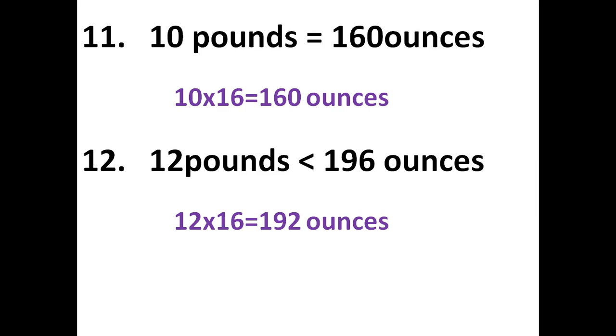We want to convert 12 pounds into ounces. 12 multiplied by 16, we will get 192 ounces. 12 pounds is equal to how much? 192 ounces. And other side is 196 ounces. 196 ounces is greater and 192 ounces is less. Okay.